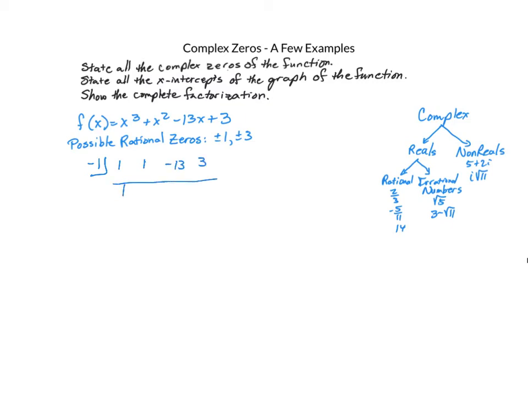So we'd bring down our 1, multiply and add, multiply and add, multiply and add. So in fact, we know that -1 is not a 0. And we know that f of -1 in fact would equal 16. Let's move on. We'll try 3.